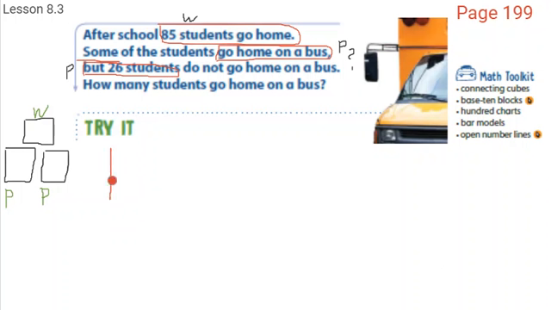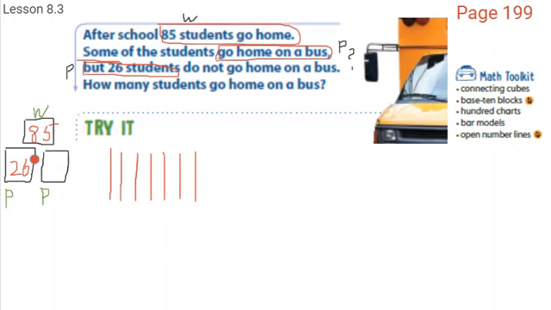So I'm going to say 1, 2, 3, 4, 5, 6, 7. But wait a minute, I was looking at this number here. Hold on, let's fill this out. 85 and 26. Because 85 minus 26 is equal to this number here.